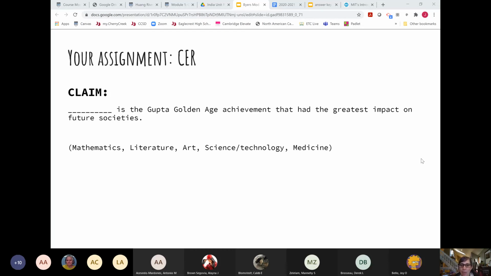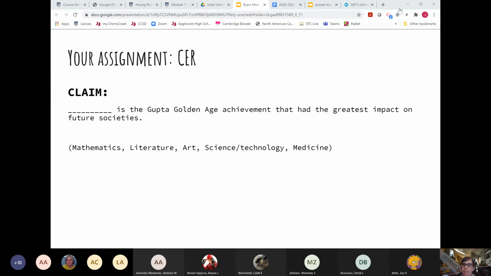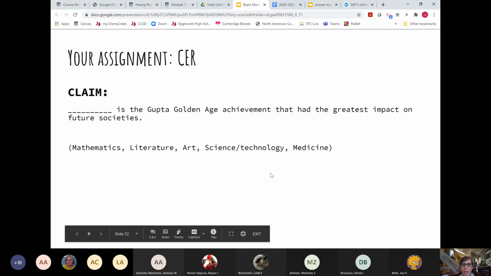Okay, we had one vote for medicine. What's everyone else thinking? Medicine. Okay. Keep thinking of those. Everyone should have a claim now.